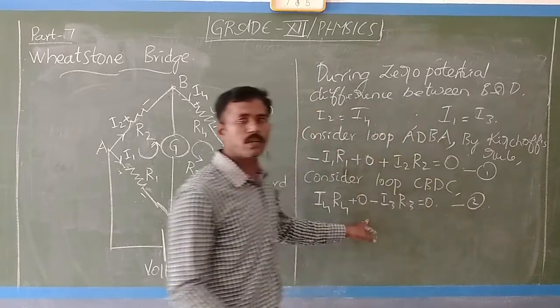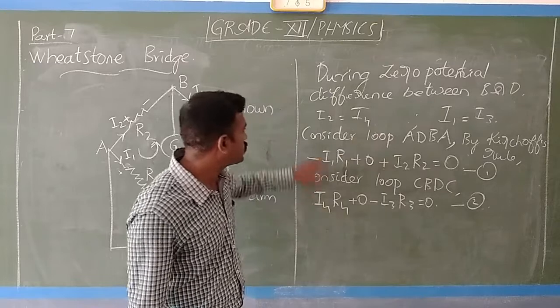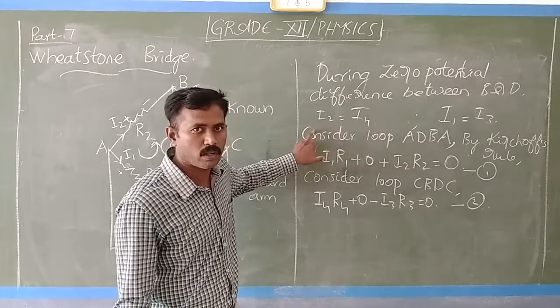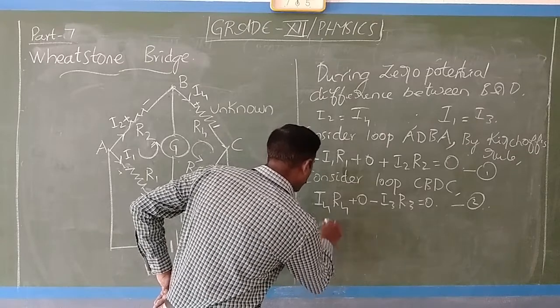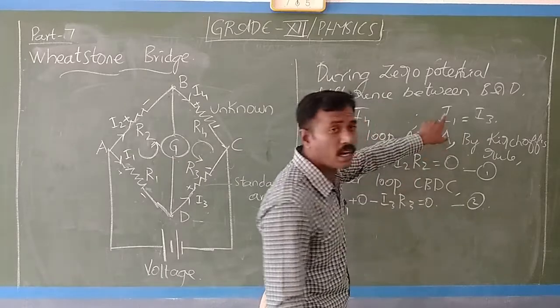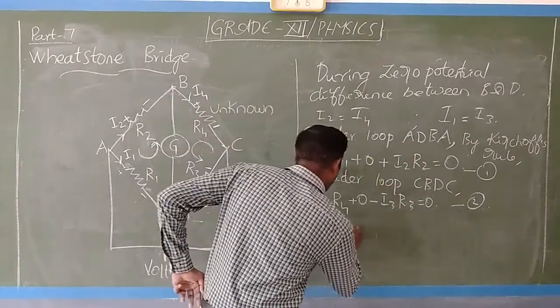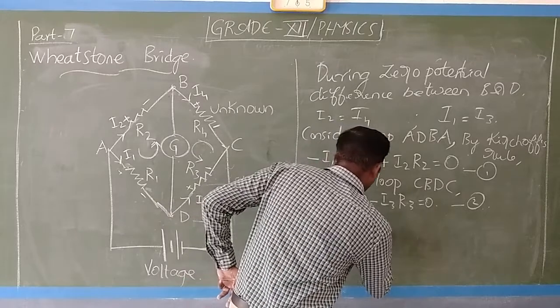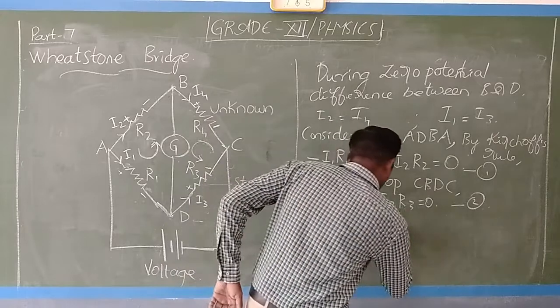In the second equation, you substitute the value of I2 instead of I4. So for I4 R4 you put I2 R4, and replace I3 by I1, so negative of I1 R3, which is equal to 0.